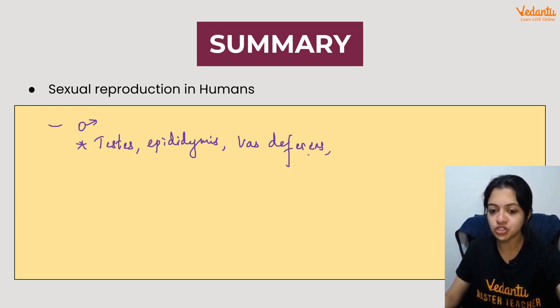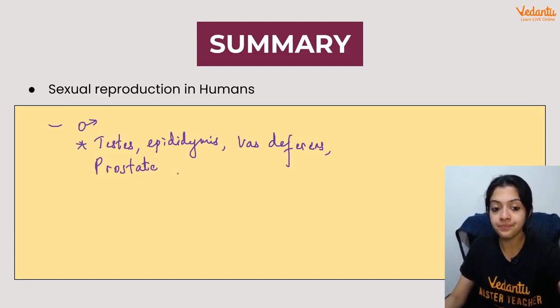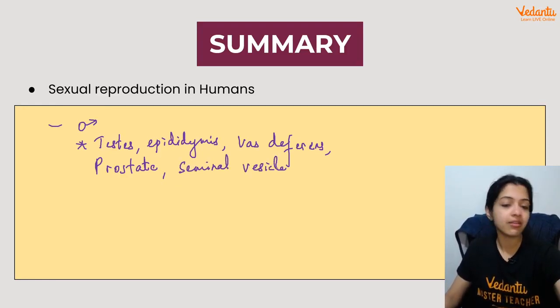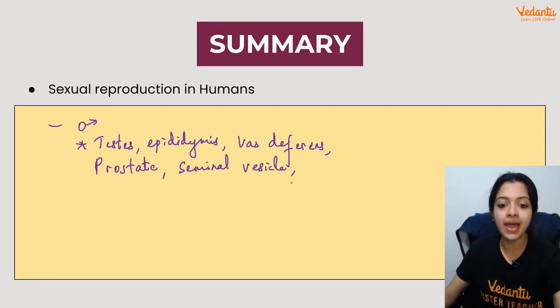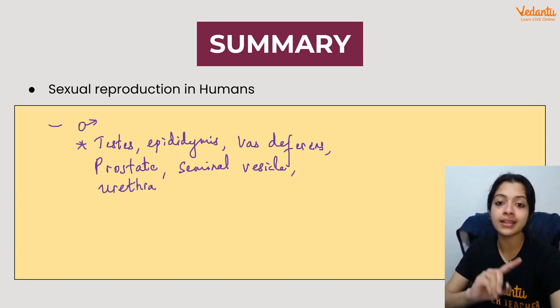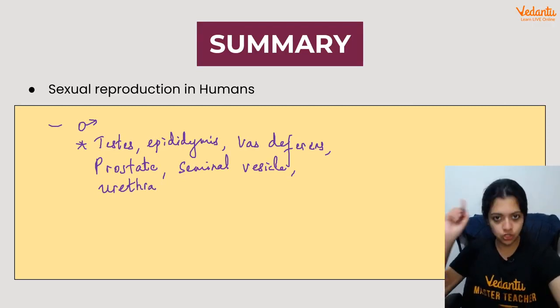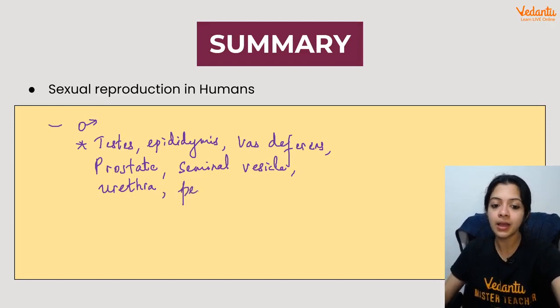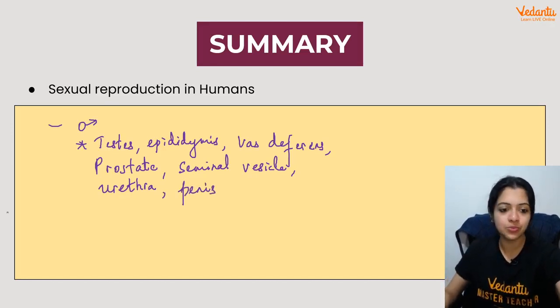We've also seen structures like the prostate gland and the seminal vesicle. Both of these are accessory reproductive structures. And of course, the urethra, into which the ureter and the vas deferens would join together to pass on their respective secretions, and the penis. These are the terms that we've discussed.